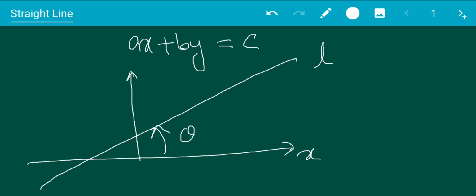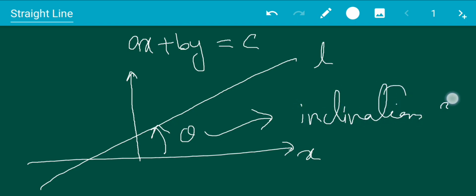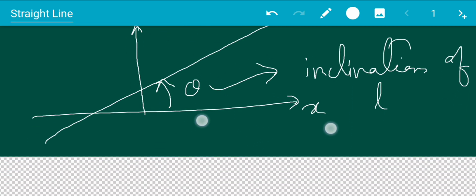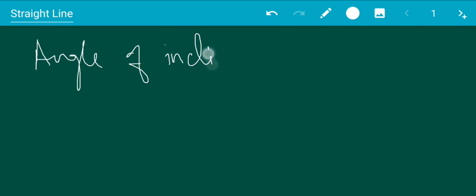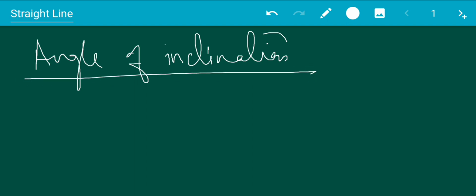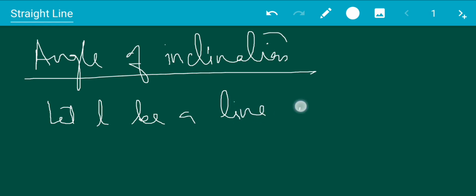Okay, so this theta is called the inclination of the line L. So we define the angle of inclination.